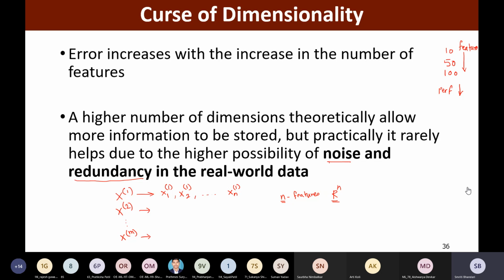This term curse of dimensionality was introduced by R. Bellman, who was a mathematician, in his book on dynamic programming.